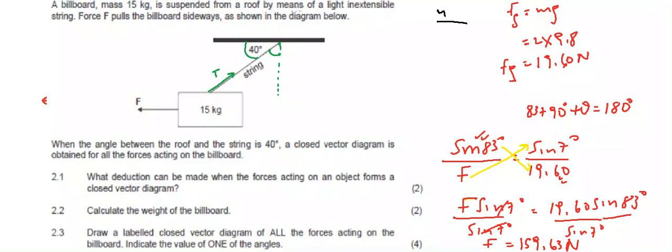So we must find this angle. How do we find this angle? This whole area is equal to 90 degrees, but we have 40, which means here it is 50. So we say 90 minus 40, then this area is 50 degrees. We are going to use 50 degrees in all our calculations.